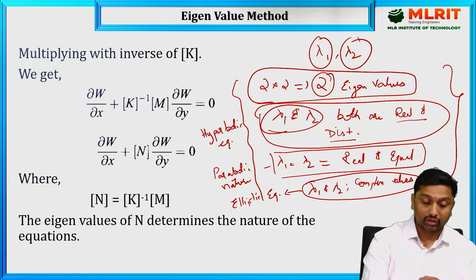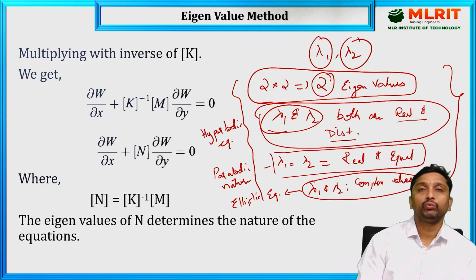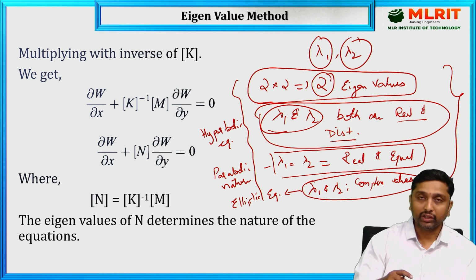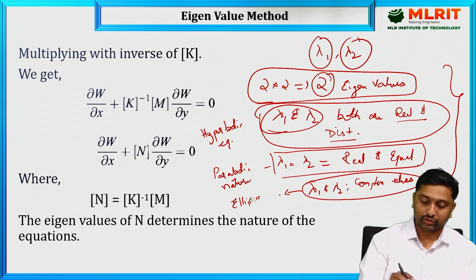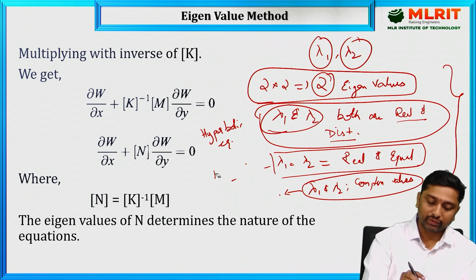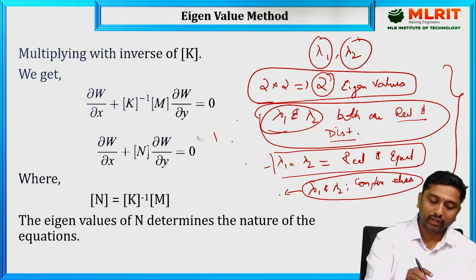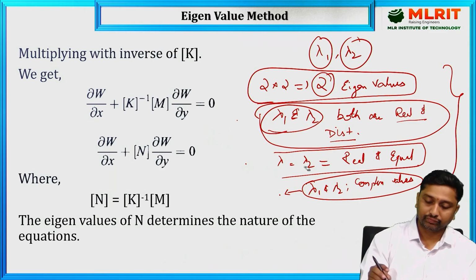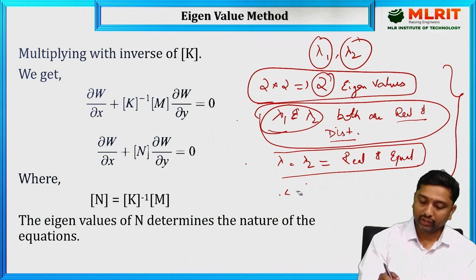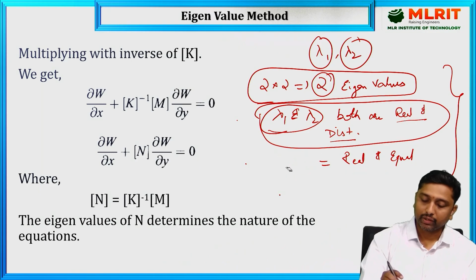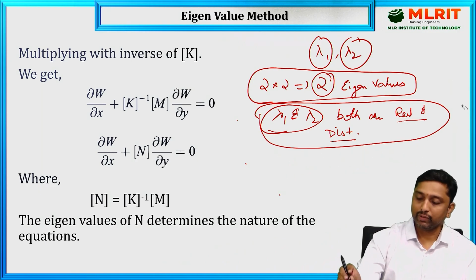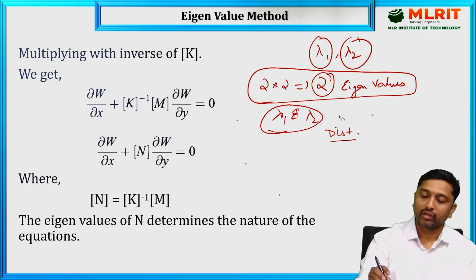But here, with the existing two equations and a 2x2 matrix, we can determine the nature of the equations. Both rely on matrix methods, but one relies on Cramer's rule and the other on the eigenvalue method.